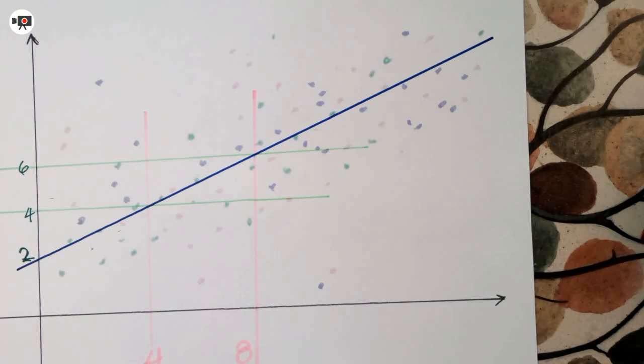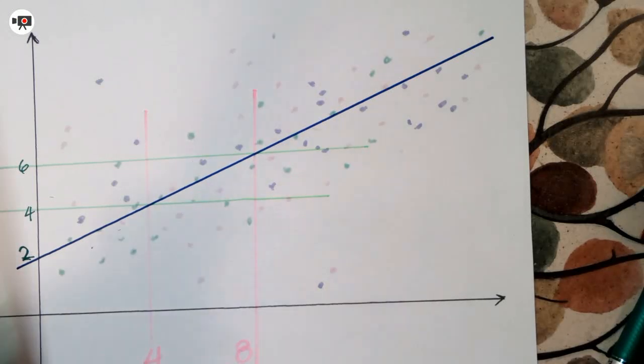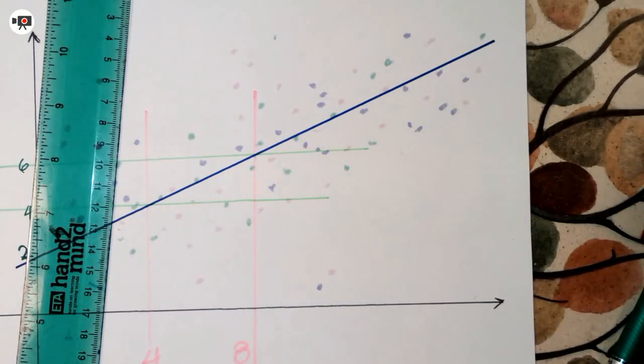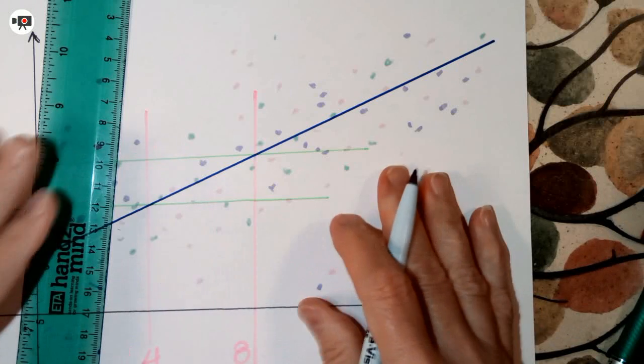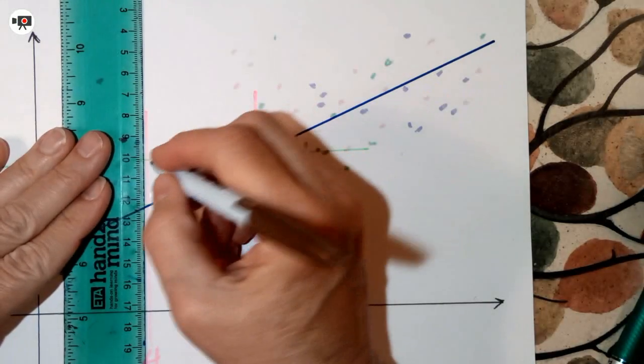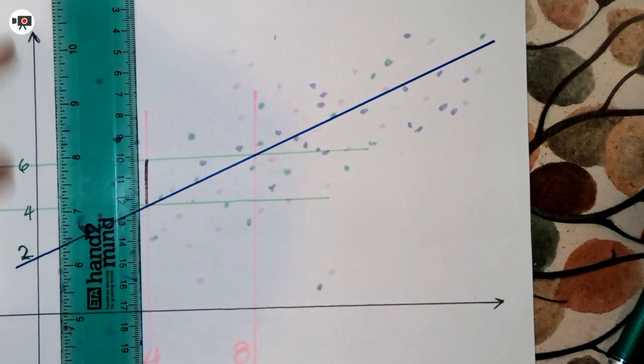How can I get the slope? Oh yeah, I remember, rise over run. So let's use one of these nice handy little triangles to help us with it. You can do it on either side, the top of the line or the bottom of the line, it doesn't matter. I'm just doing the top of the line for no good reason.